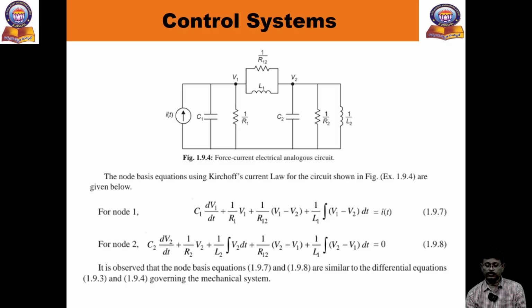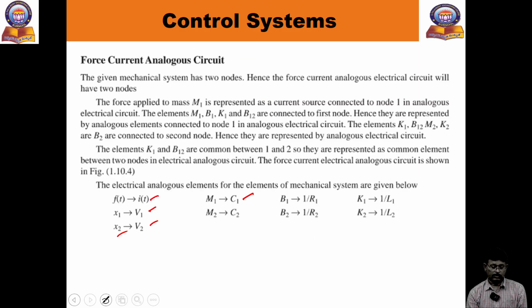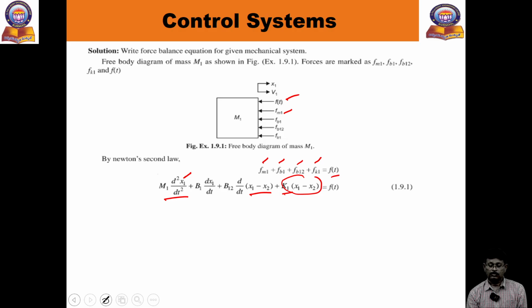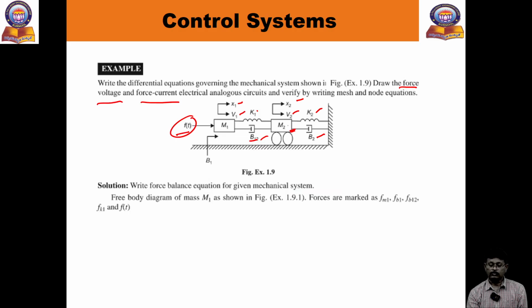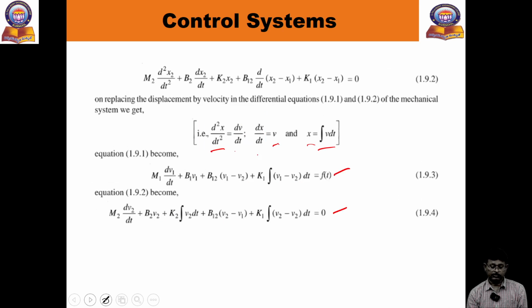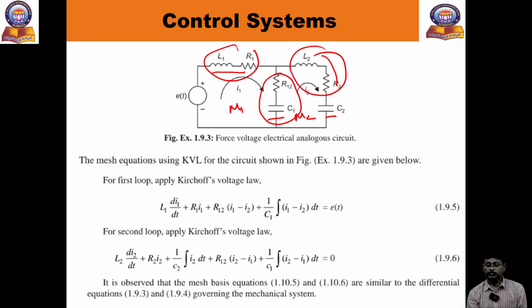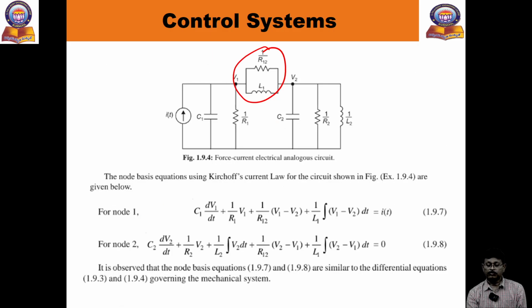Here you can observe the elements connected in series and parallel. In this case, K1 becomes 1/L1 and B1 becomes a resistance, with the spring and dashpot elements in parallel between the nodes.